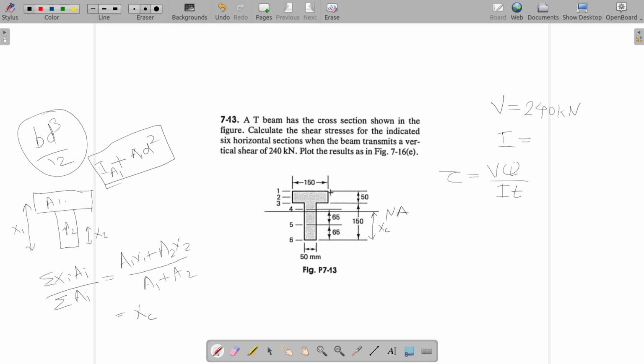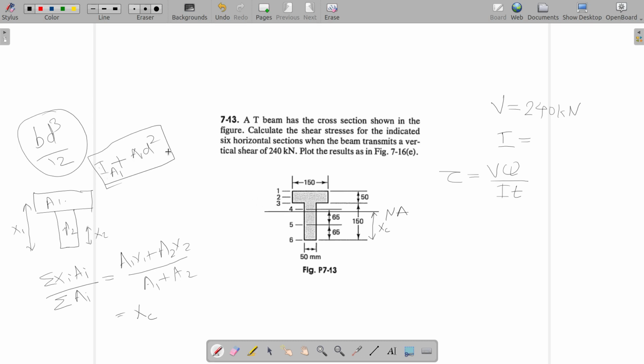For example, if you are considering A1, first calculate the area moment of inertia about its own centroid. Once you do that, add that quantity to the area multiplied by d squared, where d is the distance between the centroid of the individual area and the centroid of the whole section.